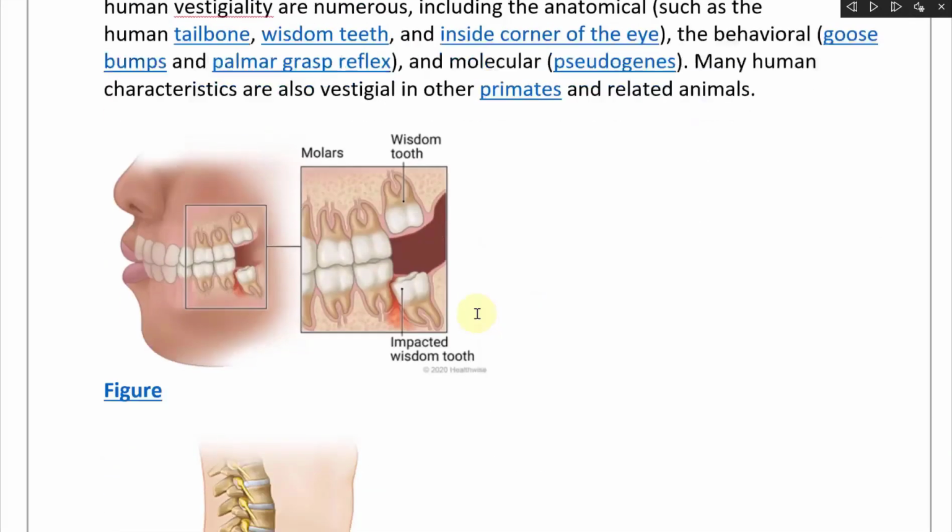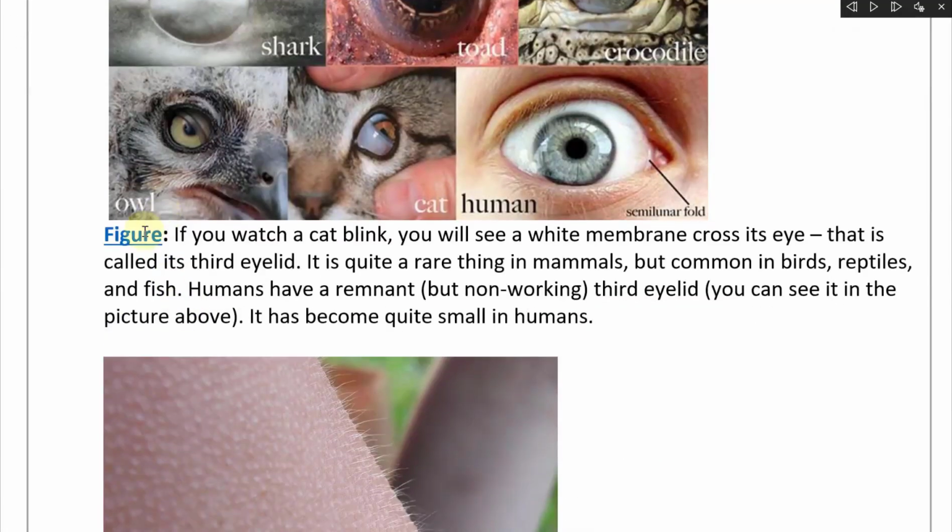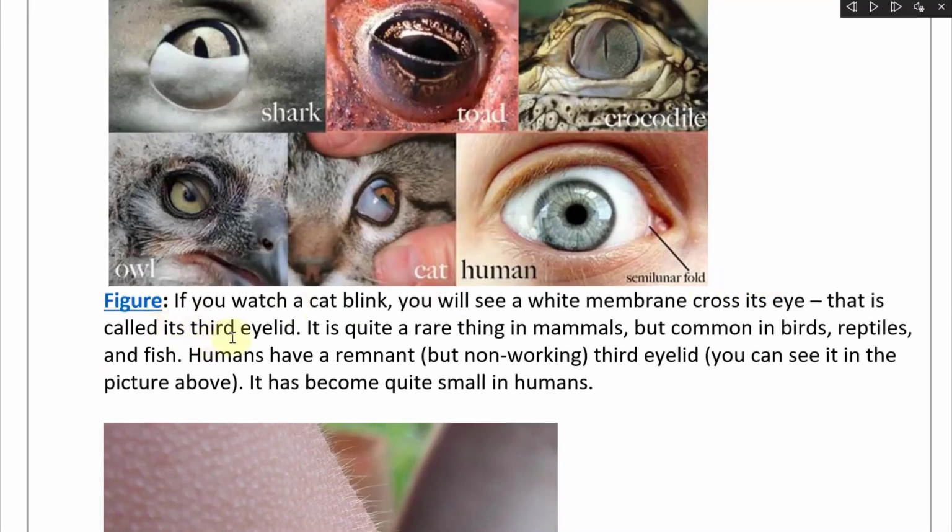You get to see this figure, which I got from Pinterest. If you watch a cat blink, you will see a white membrane cross its eye. That is called its third eyelid. It is quite a rare thing in mammals, but common in birds, reptiles, and fish. Humans have a remnant but non-working third eyelid, which you can see in the picture.